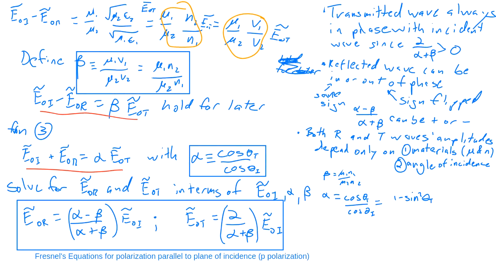Take the square root. And this is still cosine, angle of incidence. Oh, and wait, we've got the law of refraction that relates the sine of the angle of transmission. I can write this as that whole square root is going to be 1 minus, all under the square root, the sine of the angle of transmission, which is actually n1 over n2 times the sine of the angle of incidence.